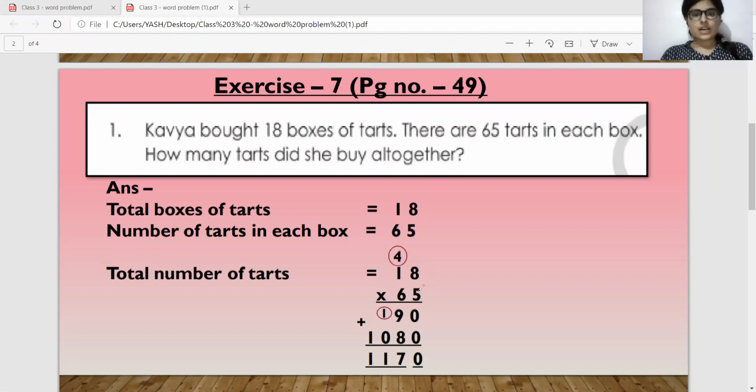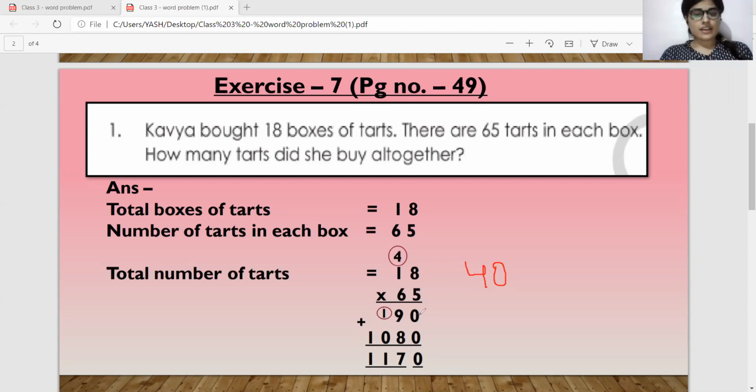8 first. 5 into 8 is what? 5 into 8 is 40. Whenever we get a two-digit number, we always place the ones digit in the answer and carry over the tens digit to the next higher place. In 40, you can see 0 is at which place? 0 is at ones place.